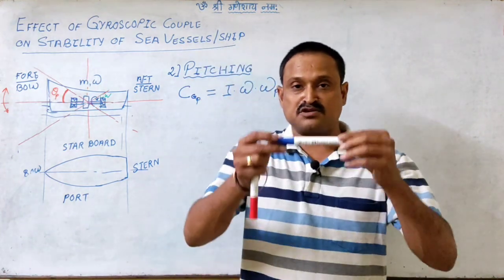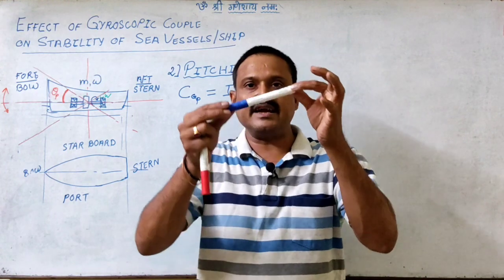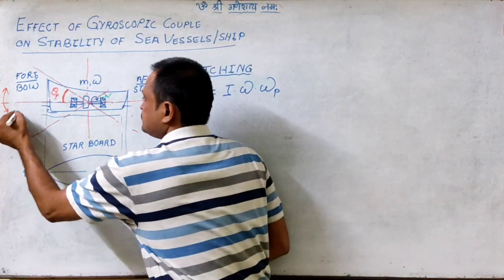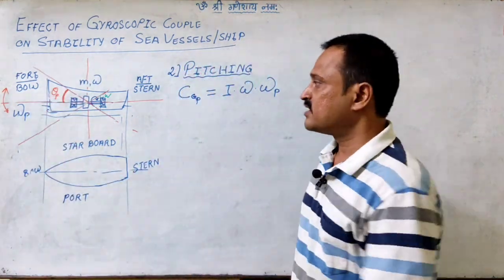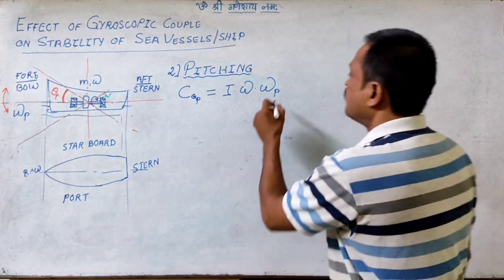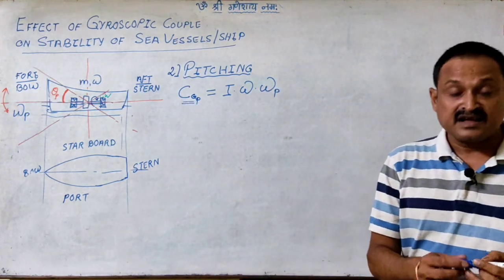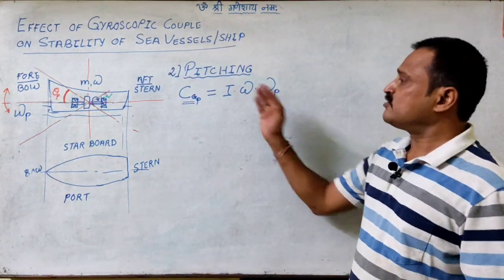Now comes the question. So precession is taking this way. If I can determine this precession velocity about the perpendicular axis to the board, if I can determine this omega_p, I can very well determine the magnitude of gyroscopic couple. Then what should be the omega_p?